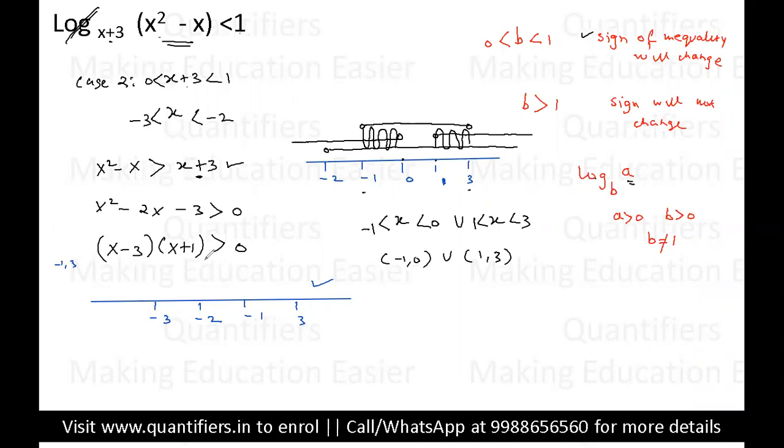Now this says that x minus 3 into x plus 1 is greater than 0. So what does it mean? Roots are -1 and 3. So that means x should be greater than 3, right? Or x should be less than -1. And if you look at this condition, it says x lies between -3 and -2.